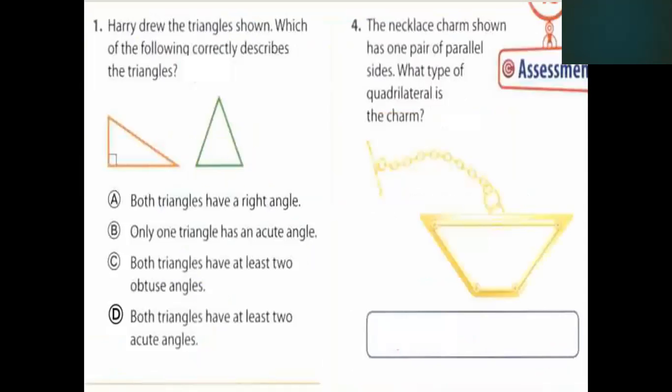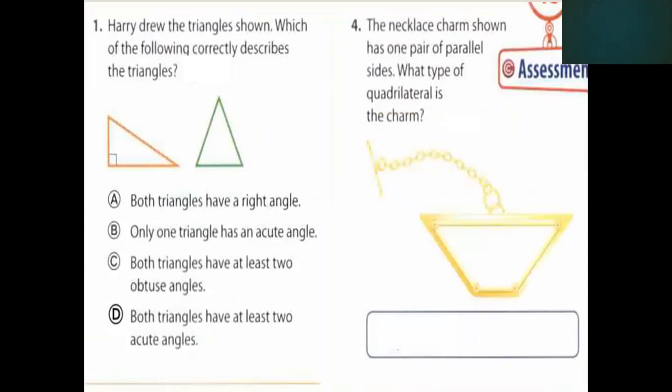After that you have the triangles shown; which of the following correctly describes the triangles? So here, guys, if I have this shape, you can answer the first one. What is the meaning of the 2 triangles here? Both triangles have at least 2 acute angles.